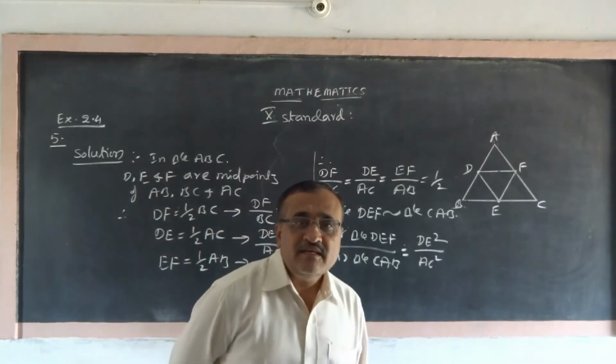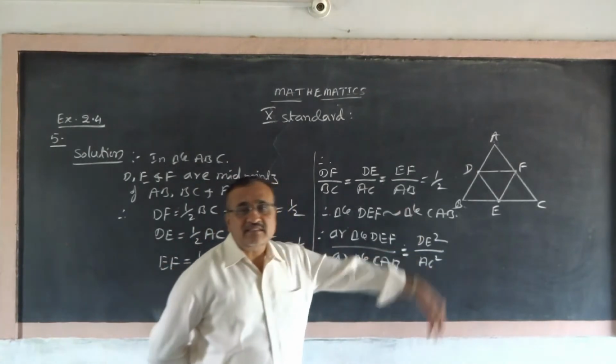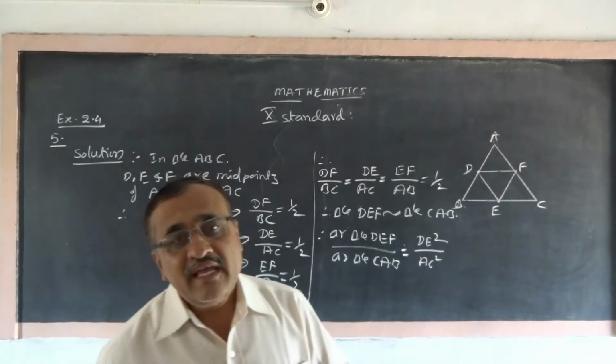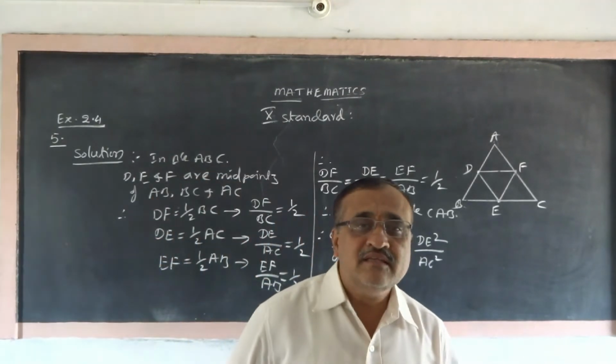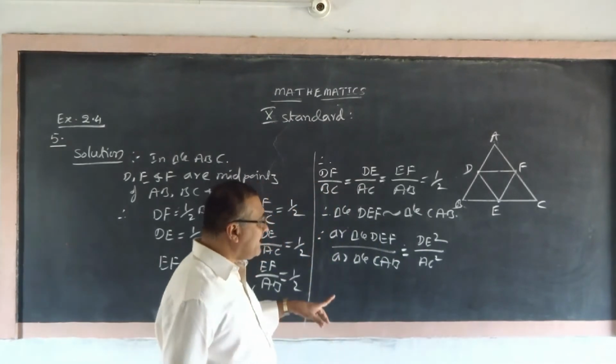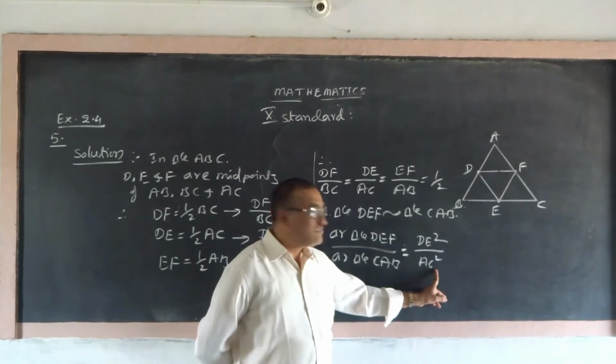What is the theorem? If two triangles are similar, then the ratio of the areas of the similar triangles is proportional to the squares on the corresponding sides. On the basis of that, DE square by AC square.